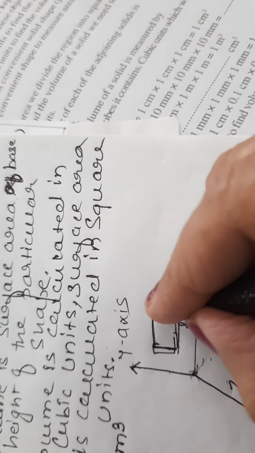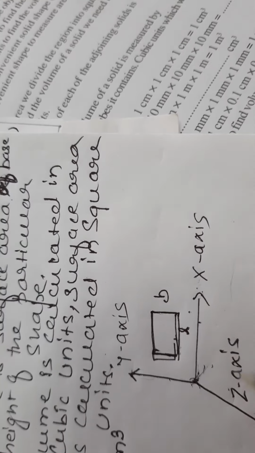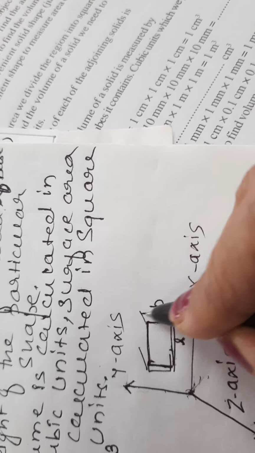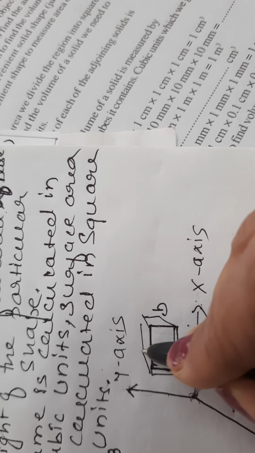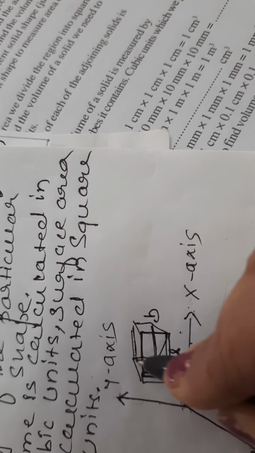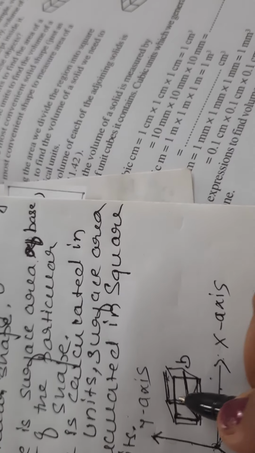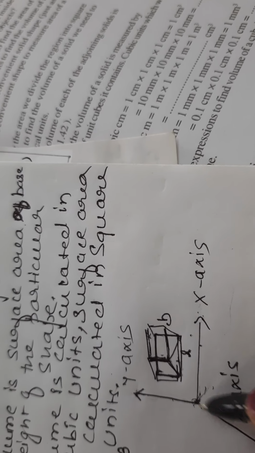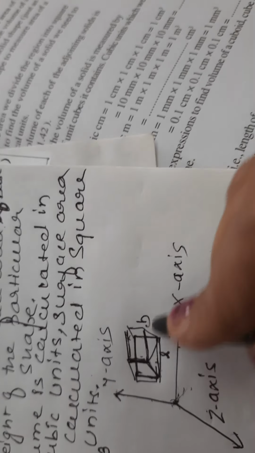The length here is denoted on the x-axis, the breadth here is denoted on the y-axis, and if I have to show the height, then I have to draw the z-axis, right?